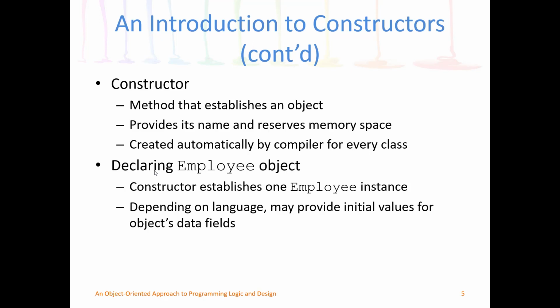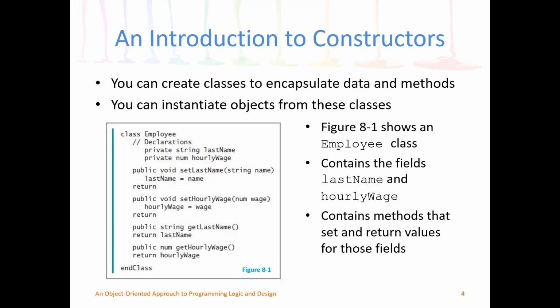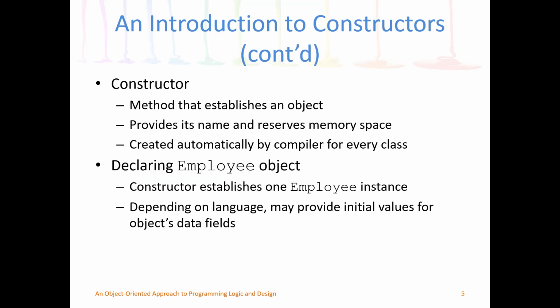When it creates the object, a constructor reserves space in my computer's memory to store the last name and the hourly wage of the employee. The variable knows where it stored it. So when I give this object a name, it's going to say, okay, that's stored over here. We'll see that in an example in a little bit.